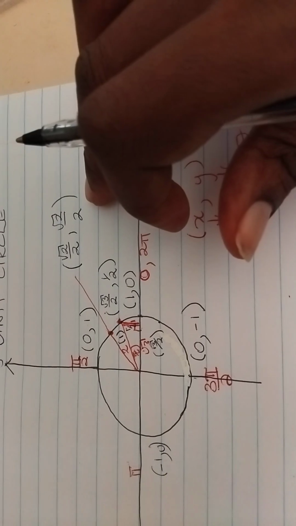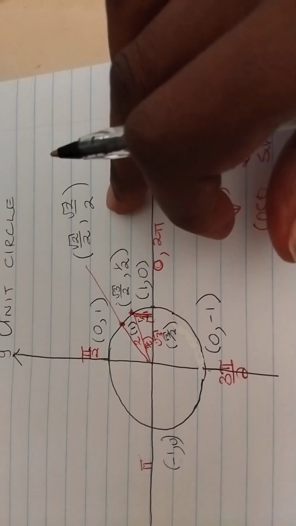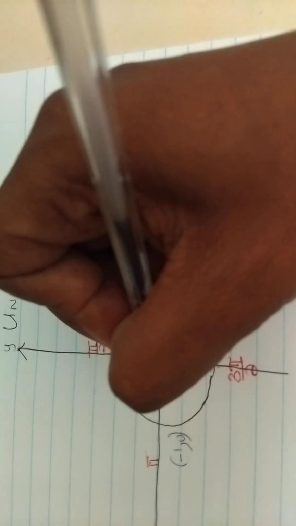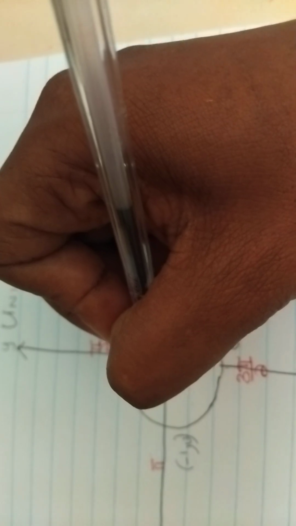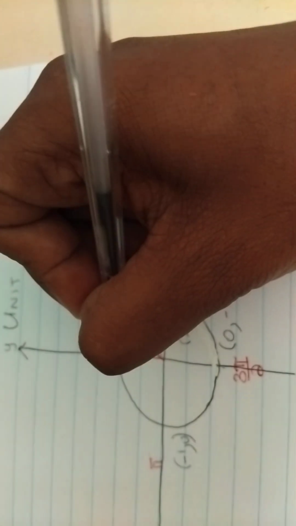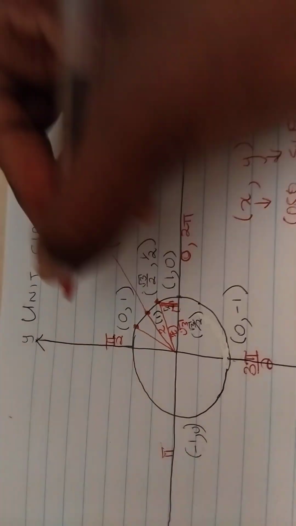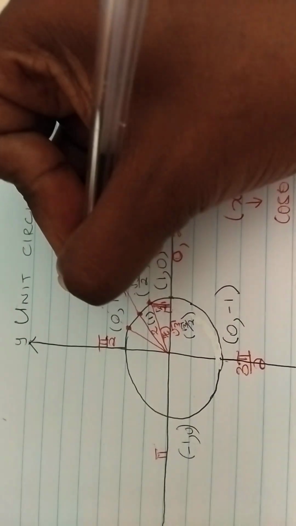Now we are going to add our last reference angle, 60 degrees, right? 60 degrees, what are the coordinates on the unit circle? I'm going to nicely extend this here.